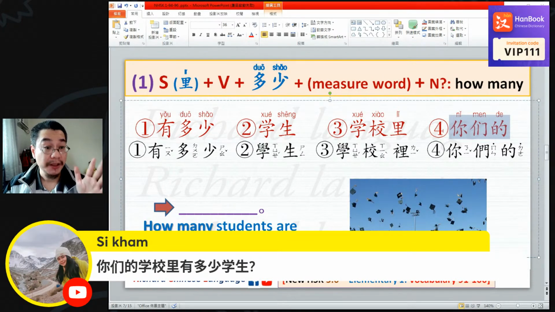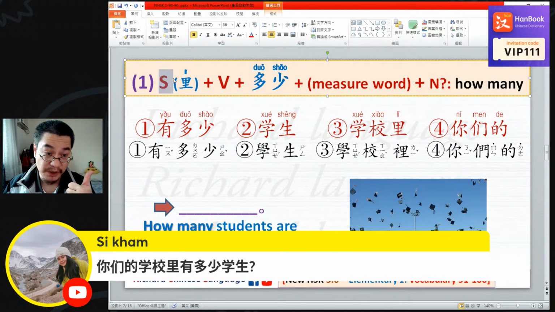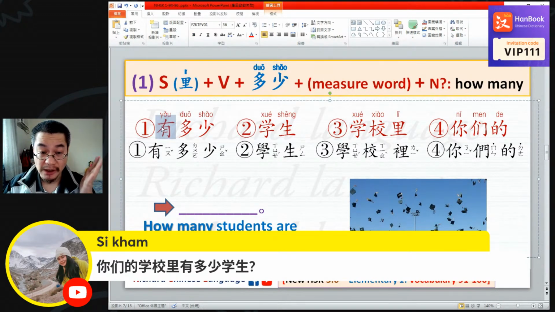Oh, Sikong, 你们的学校里有多少学生 Very good. 你们的学校里 is the subject. And the verb is 有 right?